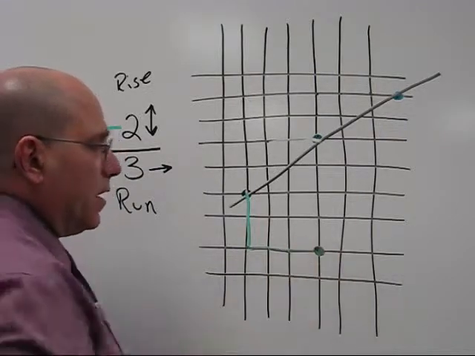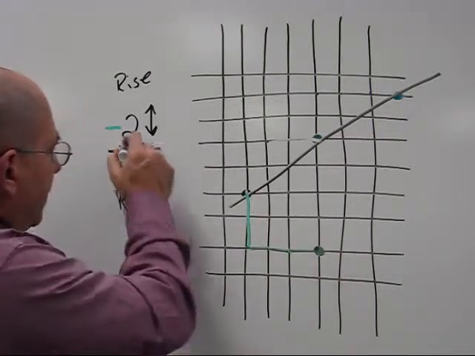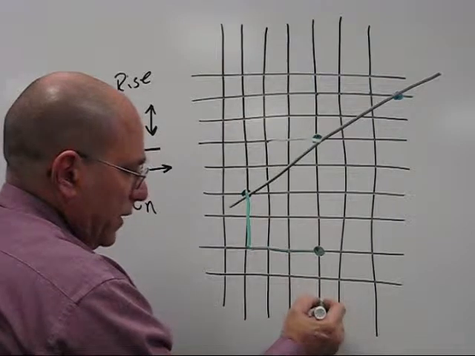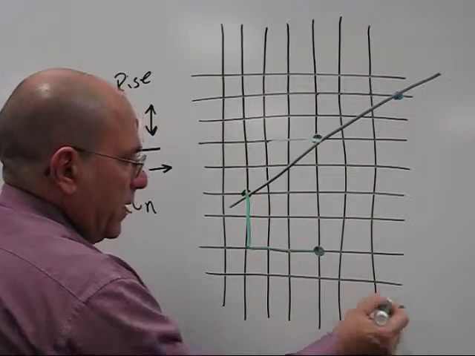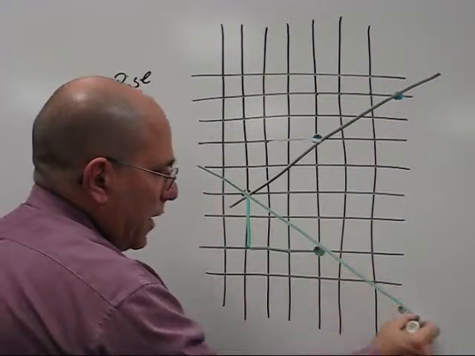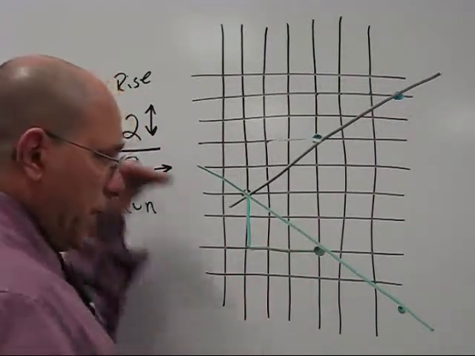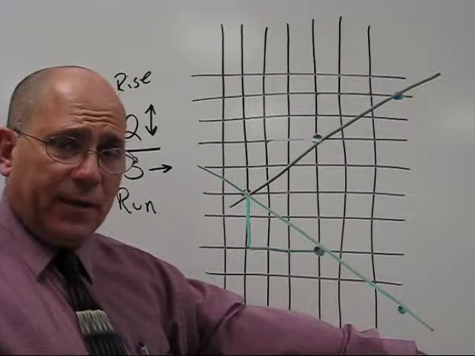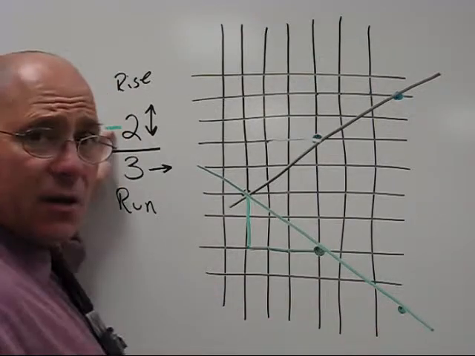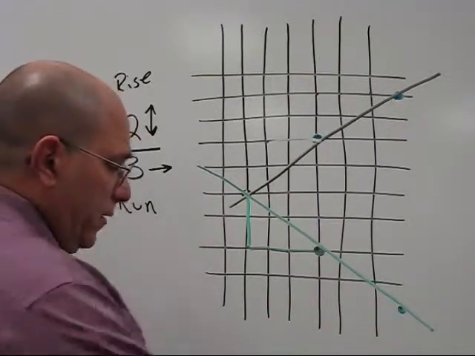And that would be where our next coordinate would be. And then from that spot we would count down 2 again and over 3, and here would be our next one. In that case, we would have formed a slope that goes like this, and we call that a negative slope because it's dropping from left to right. Okay, and again, negative because we have a -2 right here.